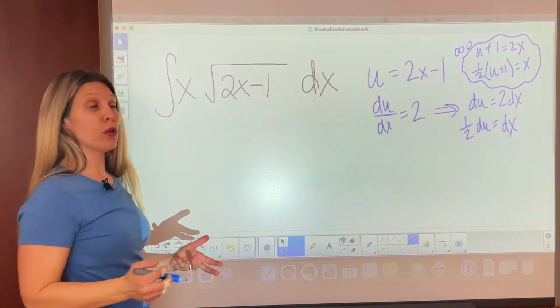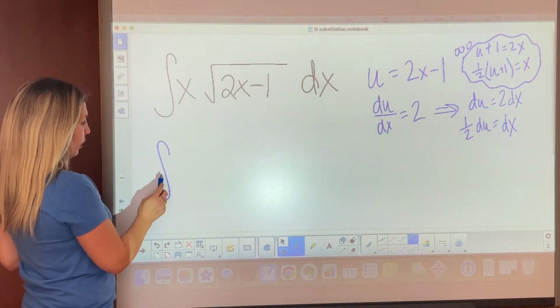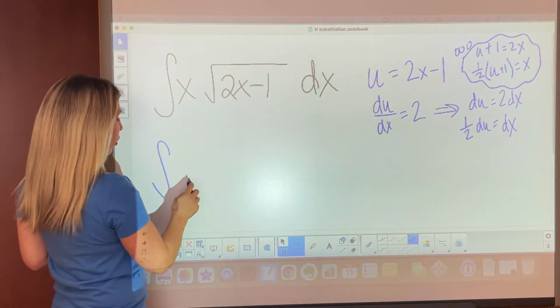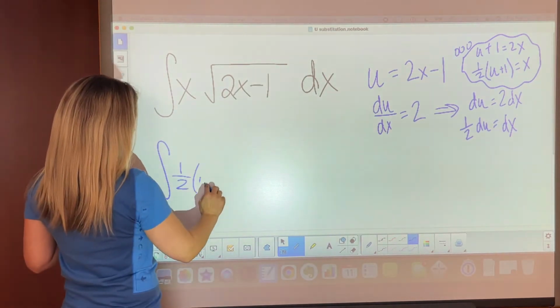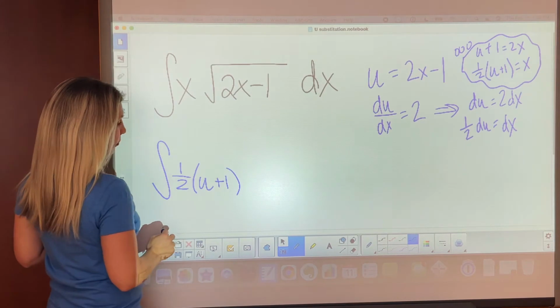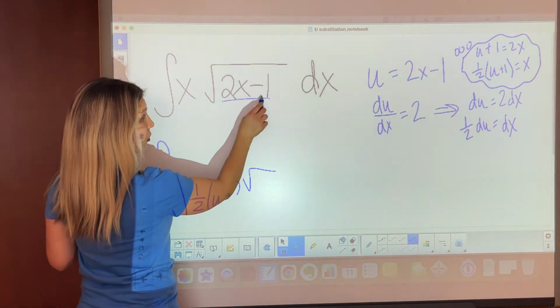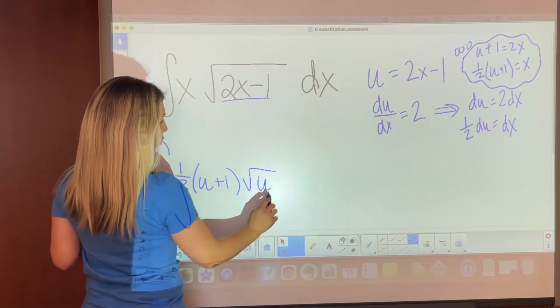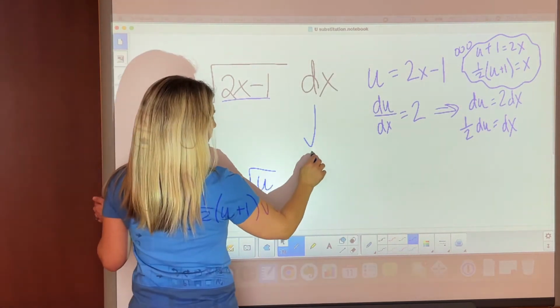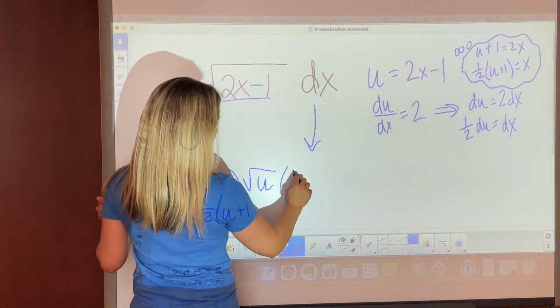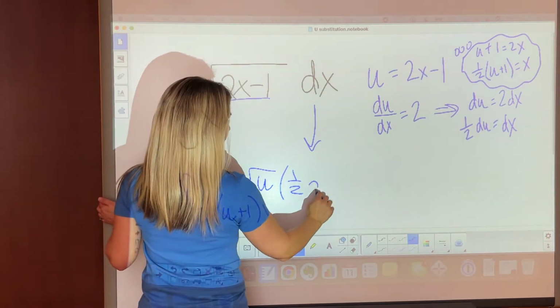So now we're going to go through and rewrite. I've got the integral. X, which we just solved for, is 1/2 times u plus 1 times the square root, and this middle piece, 2x minus 1, is just u. And now our dx we solved for is 1/2 du.